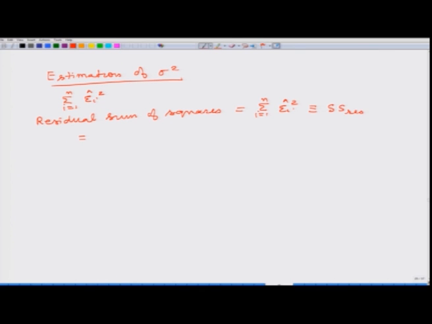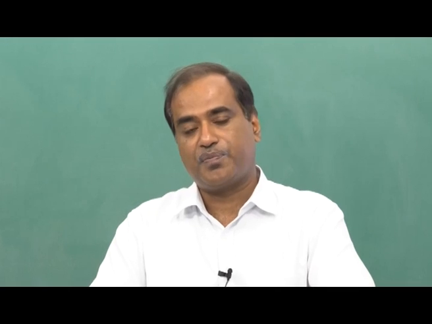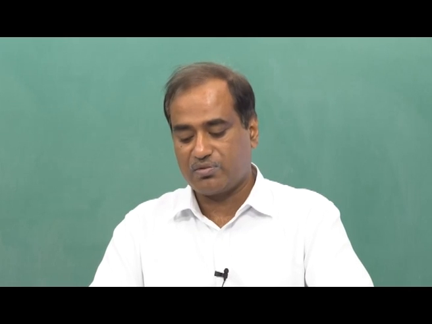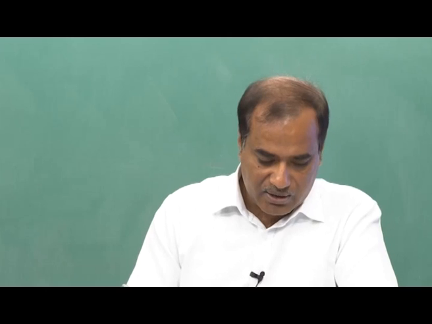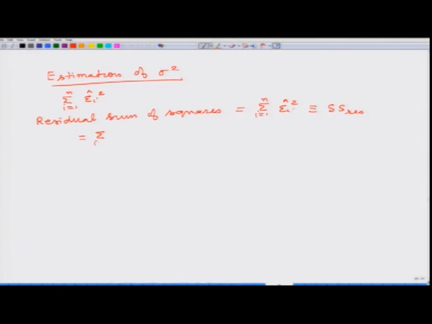So, we would like to solve it further, and let us try to obtain different possible forms of the sum of squares due to residuals. If you try to see here, this quantity is nothing but summation i goes from 1 to n, yi minus beta 0 hat minus beta 1 hat xi whole square.